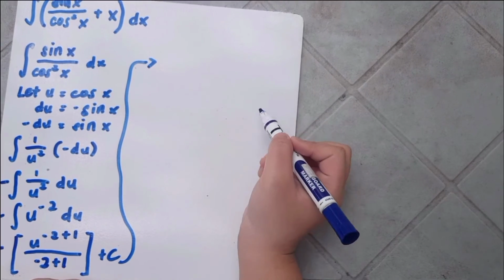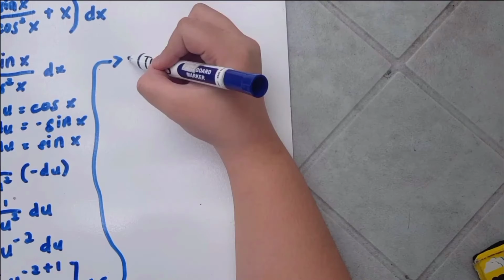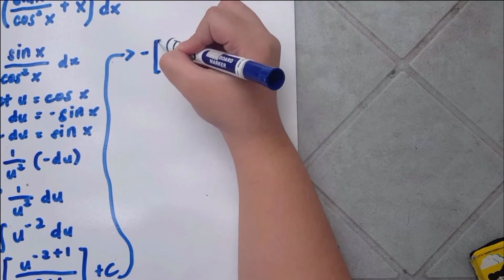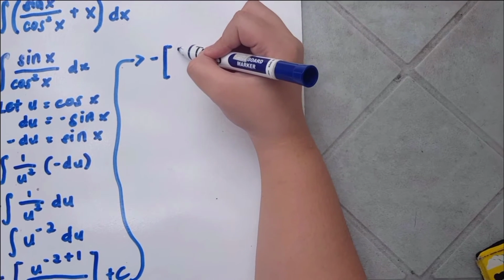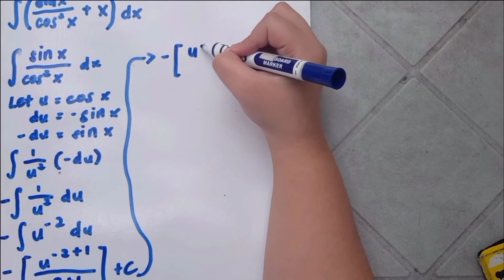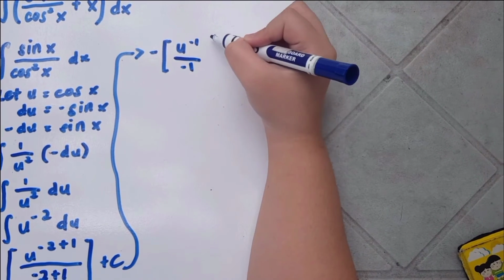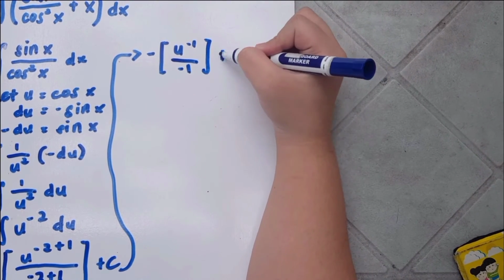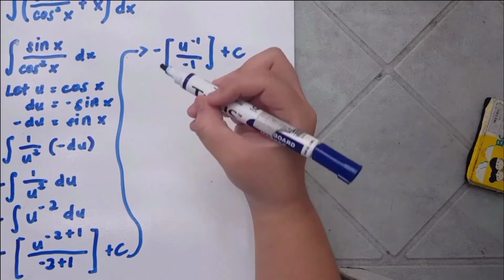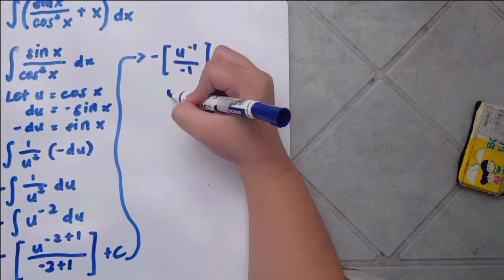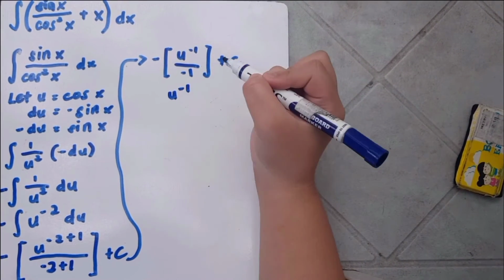We will transform it and we will now have negative u to the negative 1 over negative 1 plus c, or in simpler form, u to the negative 1 plus c.